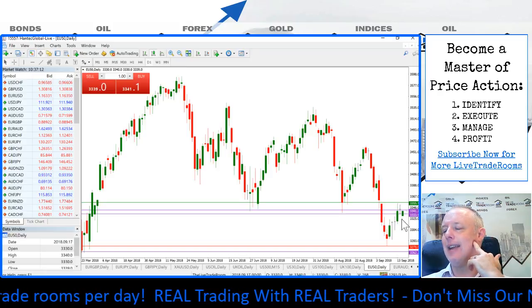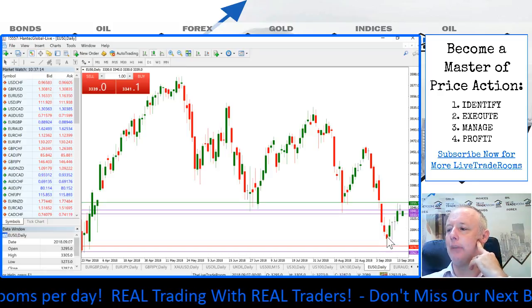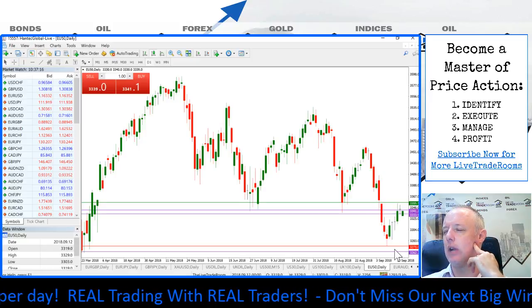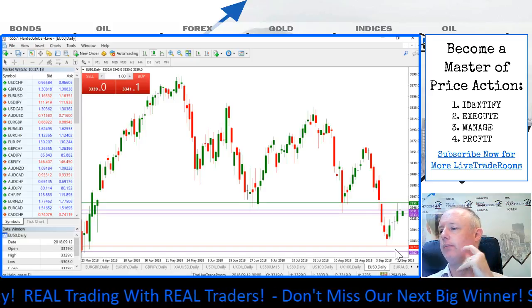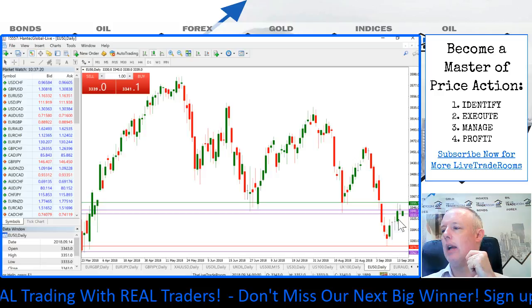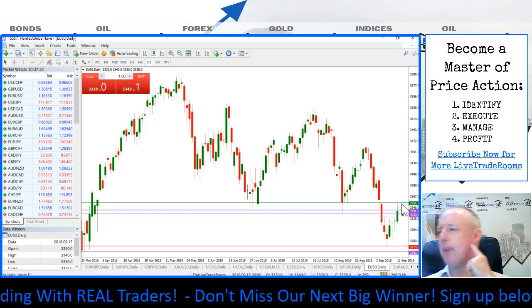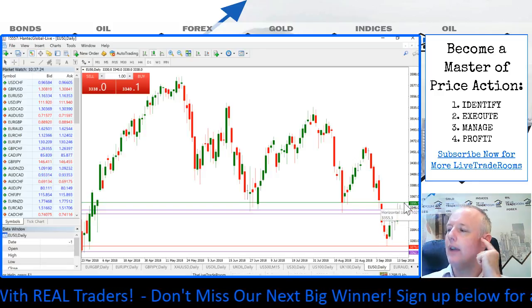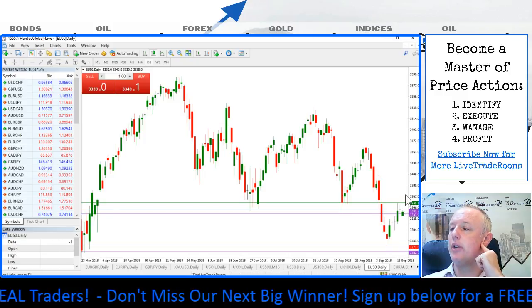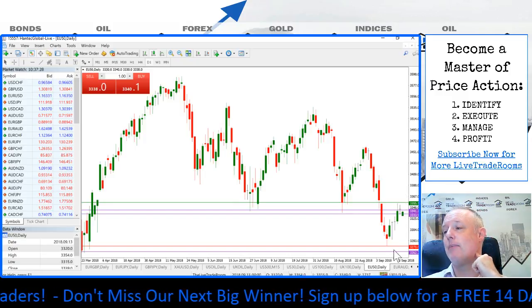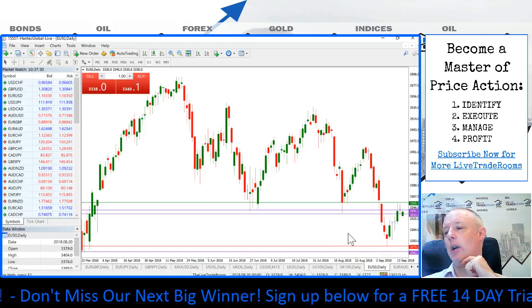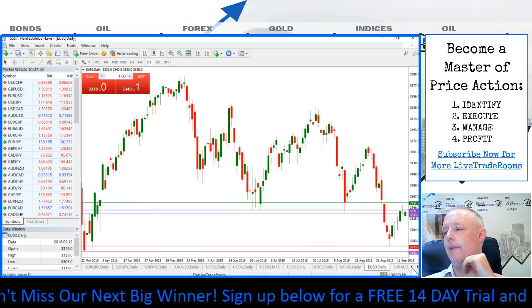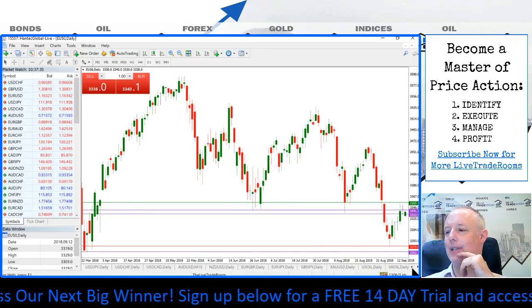Let's see what we get off the back of this move off the 32.73 low. A break above the 33.55 unfortunately still constitutes a pullback, so we're in a little bit of an indecisive phase as things currently stand.